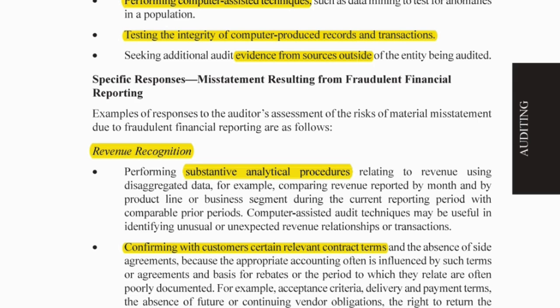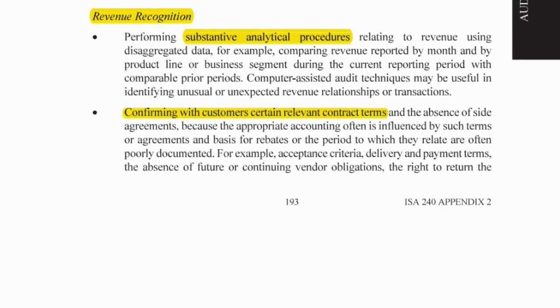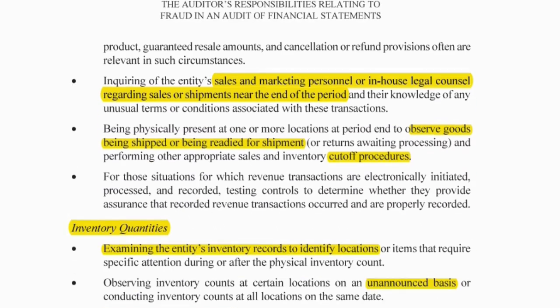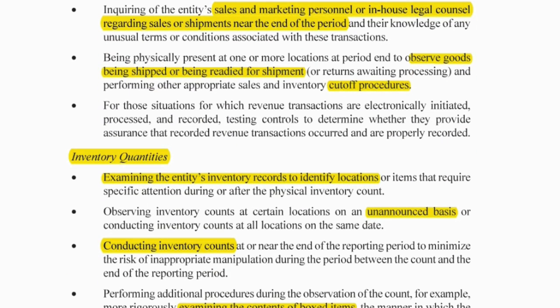And then they go and say, okay, let's give you specific ones for specific balances or transactions. So for revenue recognition, you could do some substantive analytical procedures, or you could even get an external confirmation for specific contracts from customers. Okay, you could get legal and in-house counsel with regards to any goods in transit over year end to see whether revenue needs to be recorded or not.